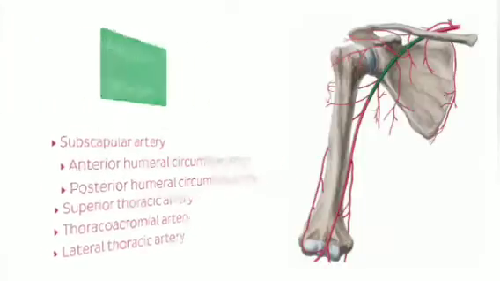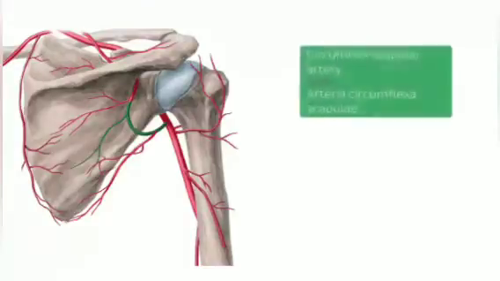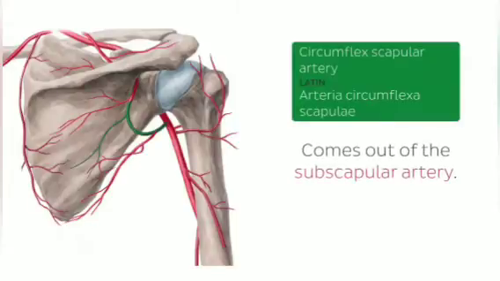The next structure that we're going to talk about, now seen highlighted in green, is the circumflex scapular artery, and this comes out of the subscapular artery that is a branch of the axillary artery. You can clearly see here the axillary artery, followed by the subscapular artery that will then become the circumflex scapular artery.